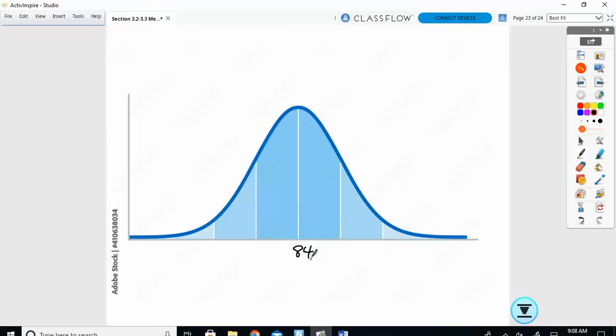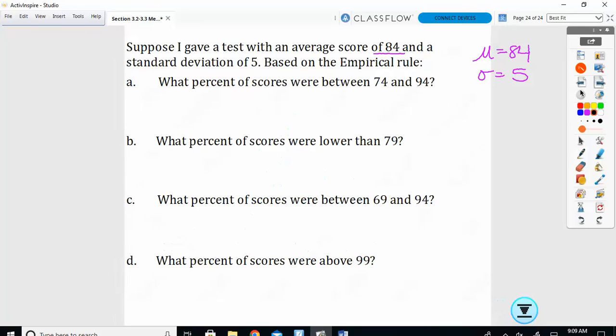So this is 84. My standard deviation is 5. So to get these numbers below it, what would I do? Yeah, we're going to add and subtract 5. So to get the one smaller, so 84 minus 5, 79 minus 5, 74 minus 5. And then to get these, we add 5. So 84 plus 5. 89 plus 5. 99. Everybody knows how we got those?